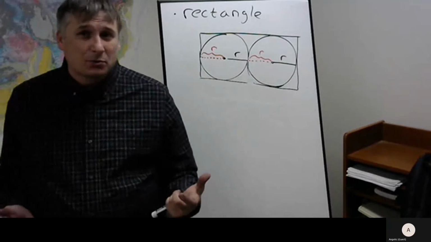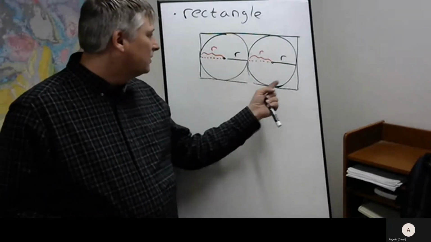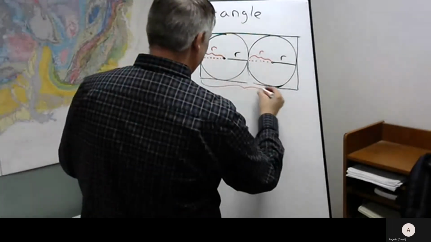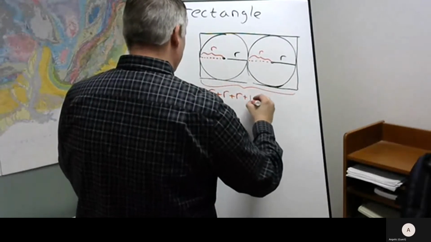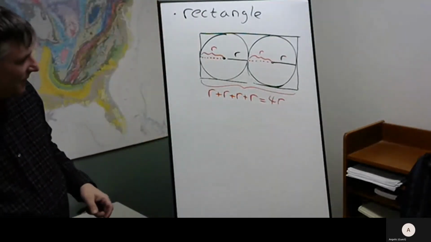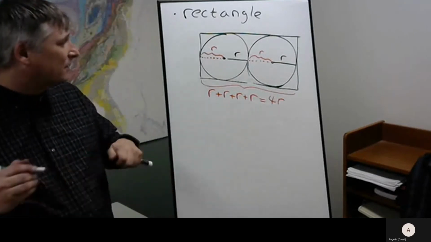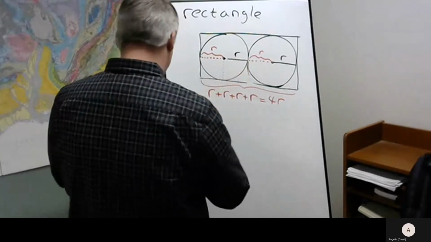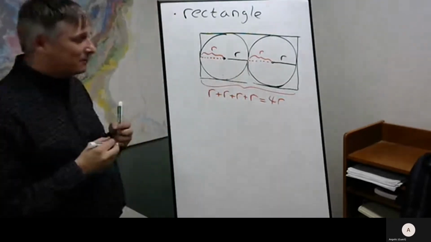So how wide is this rectangle? Well, it's 1, 2, 3, 4 radiuses, or radii. So that's going to give us the base. What about the height? Well, let's take the circle from the center to the edge. The circle just barely sits inside the rectangle.